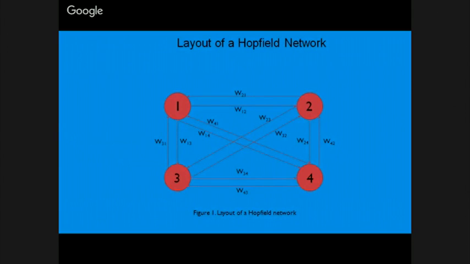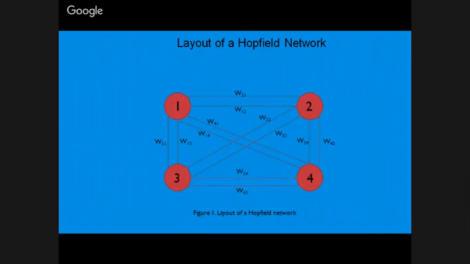But if you look at this, the output of a neuron is not connected to itself. What that means is that when we make the weight matrix, W11 is 0, W22 is also 0. There is no W11, W22, W33 or W44. So along the diagonal in the weight matrix, we are going to have all zeros.